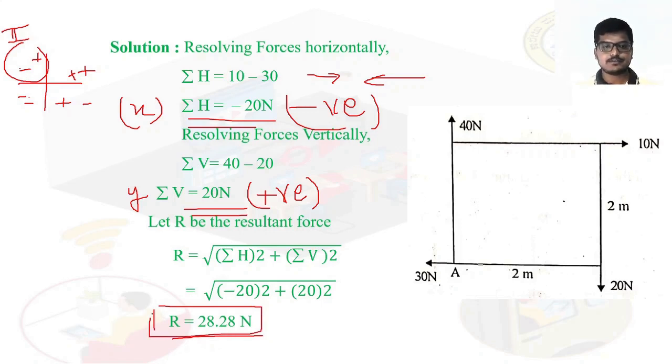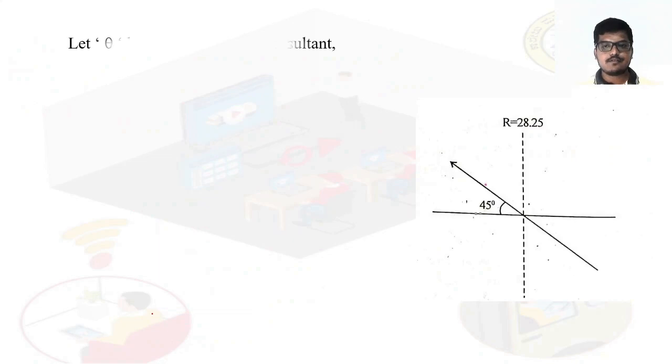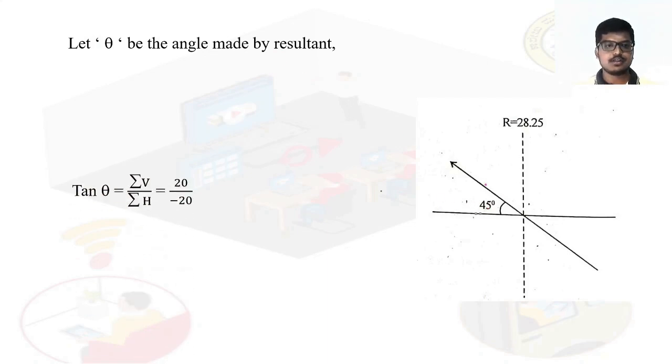So we have found the magnitude of the resultant R. Now we will find the theta value. Let theta be the angle made by the resultant. See here, so R is 28.28. Theta is the angle made by the resultant with the horizontal. So tan theta is equal to sigma V by sigma H, 20 by 20.